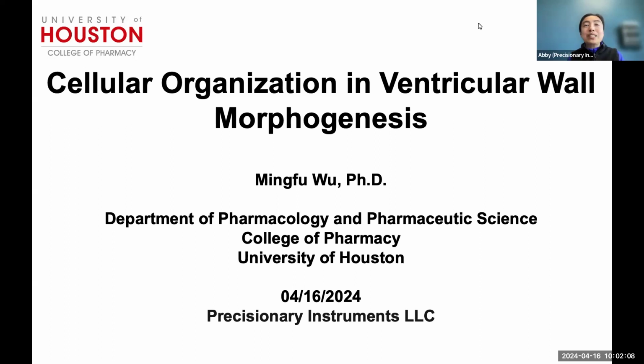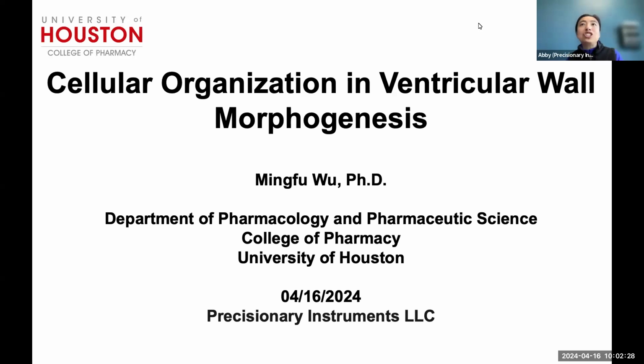So Dr. Wu is an Associate Professor of Pharmacology at the University of Houston. He has a background in genetics, developmental biology, and cellular biology. And his research focuses on unraveling the intricate mechanisms underlying congenital heart defects and left ventricular noncompaction.